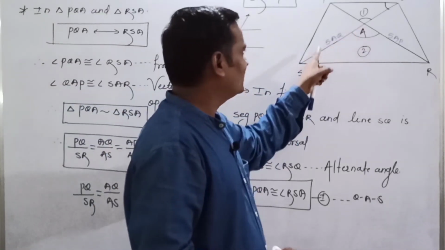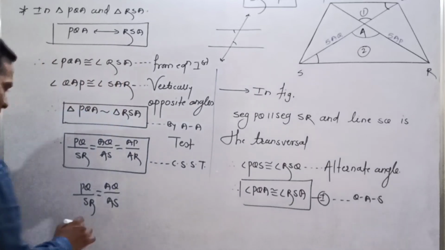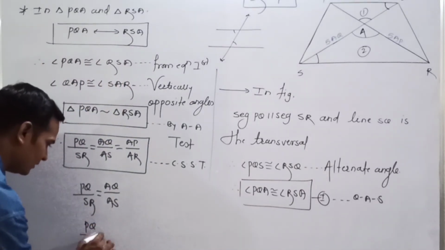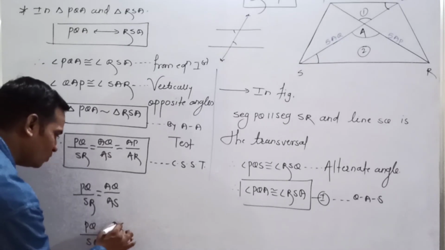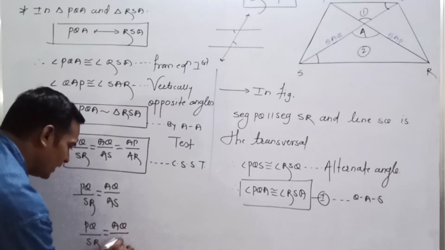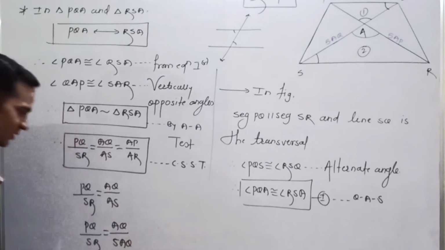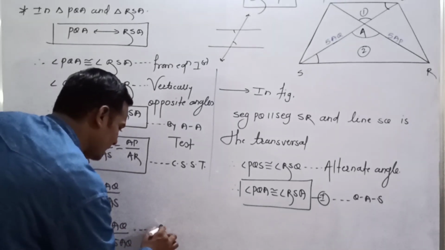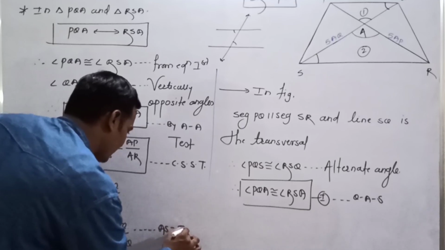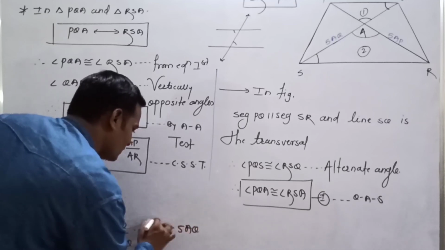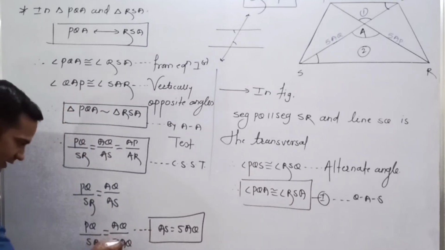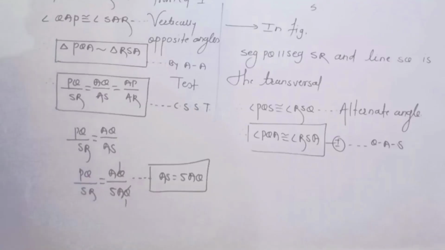AS is given, that is 5AQ. So PQ upon SR is equal to AQ upon 5AQ. Write down the reason: AS is equal to 5AQ, which is given in the example. Okay, so AQ cancels with AQ.